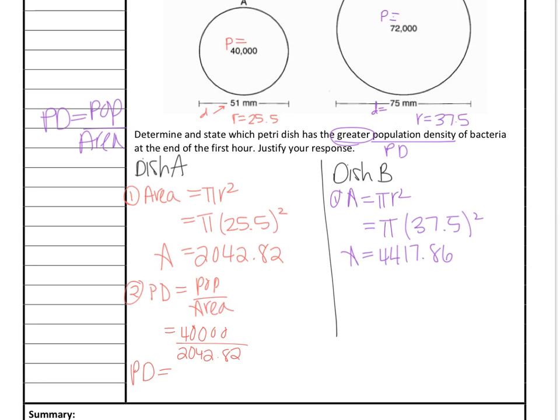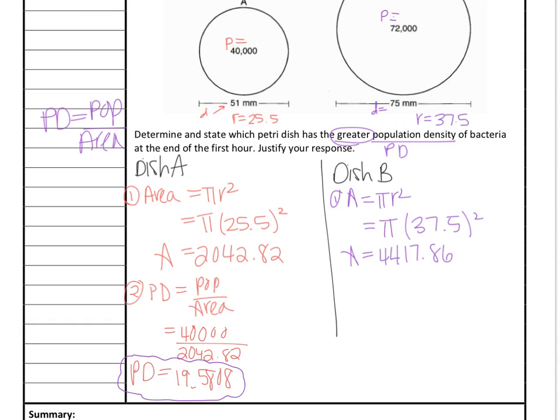So the population density for dish A, once I type it in the calculator, will be 19.5808. Okay, so we're going to keep that in mind, but it's not our final answer, because remember, we're trying to determine which dish has the greater population density, more bacteria per square millimeter.